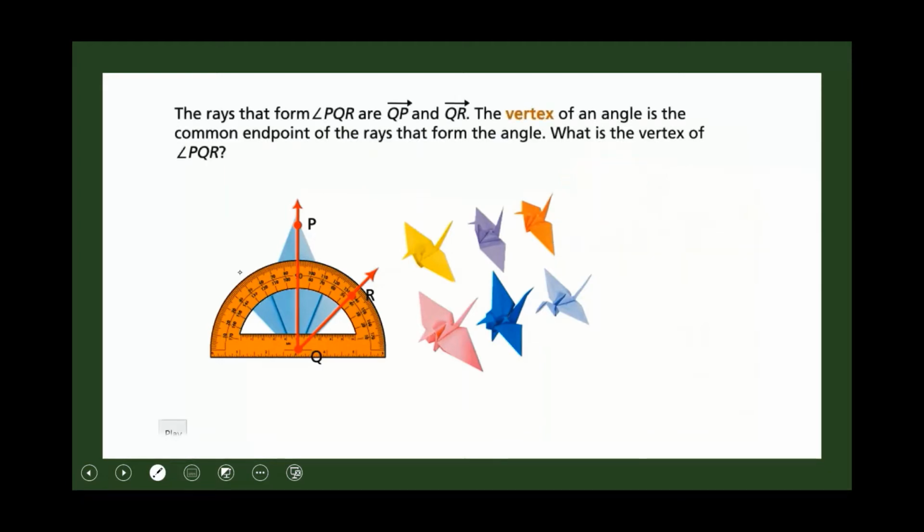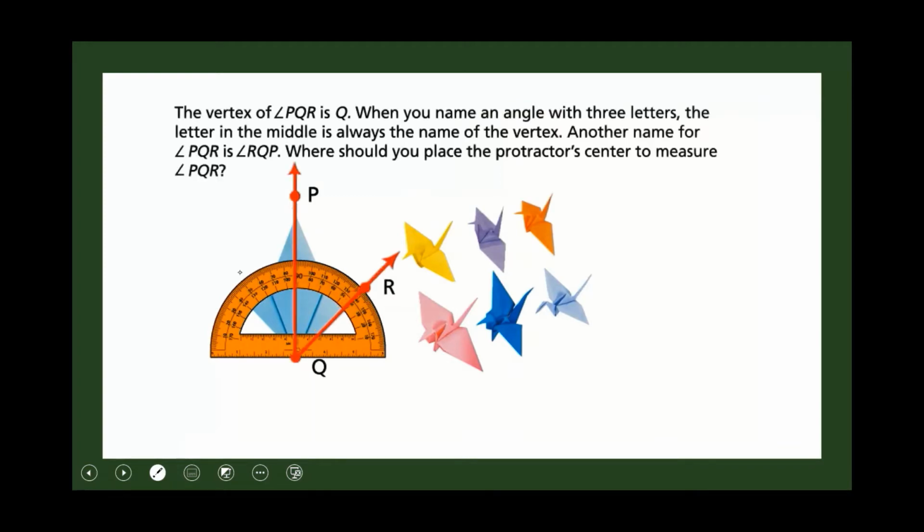The rays that form angle PQR are ray QP and ray QR. The vertex of an angle is the common endpoint of the rays that form the angle. What is the vertex of angle PQR? The vertex of angle PQR is Q. When you name an angle with 3 letters, the letter in the middle is always the name of the vertex. Another name for angle PQR is angle RQP.